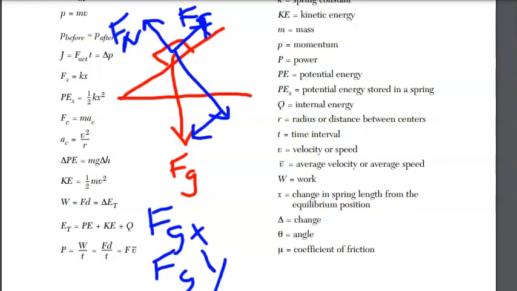So here, opposite the normal force, this is going to be our FGY, and here, opposite the force of friction, is our FGX. And yes, the sine and the cosine for these is opposite the sine and cosine equations when you break up a vector quantity into x and y components on a horizontal surface. I hope that clears it up for you.